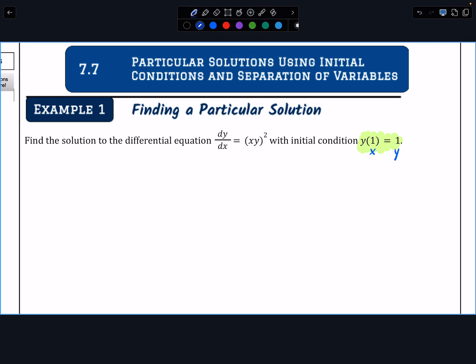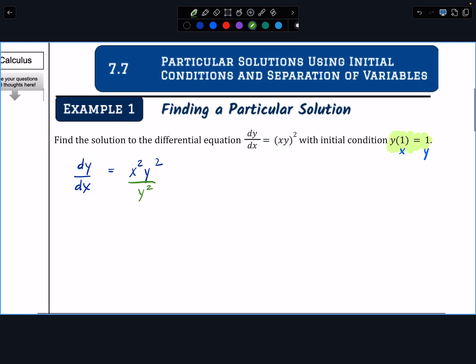So I'm going to write it like this. dy/dx is equal to, if I square this, x squared y squared. So if I want to get all the y's on one side, I can divide both sides by y squared, which is the same thing as multiplying this side by 1 over y squared. Is everybody cool with that?